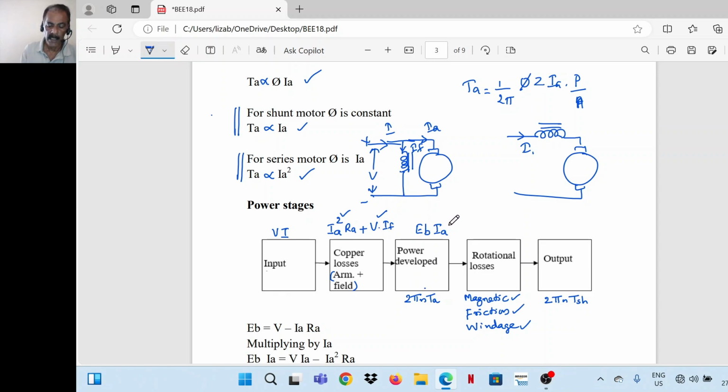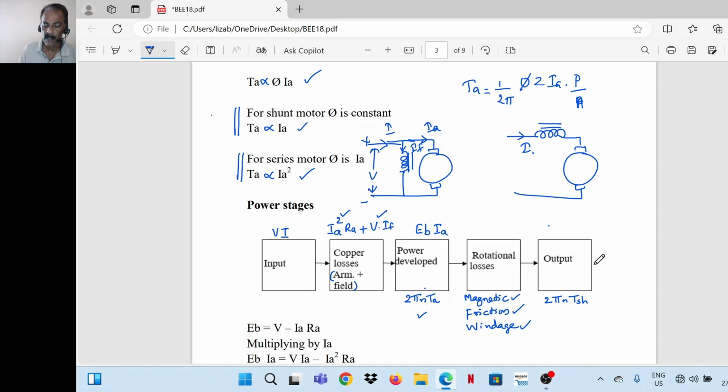So Eb into Ia is equal to 2 pi n Ta. This equation we have used for deriving the torque equation. Similarly, Eb into Ia minus rotational losses is the output.